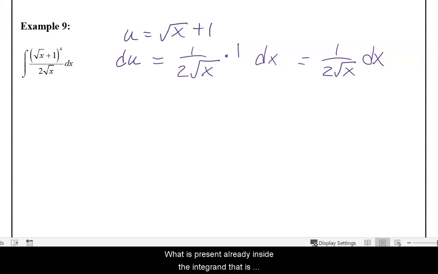Of that, what is present already inside the integrand that is not a part of u? Remember that this part in here becomes u to the 4th power. Well, looking at it, everything else that's left is in fact exactly du. I need a differential dx, and I need 1 over 2 square root of x, which is what I have.